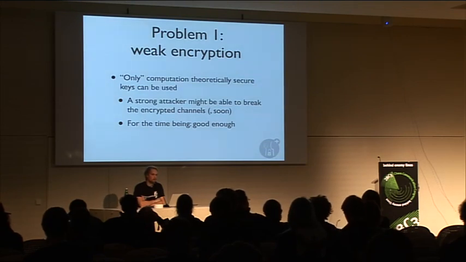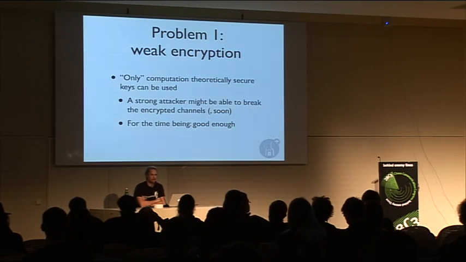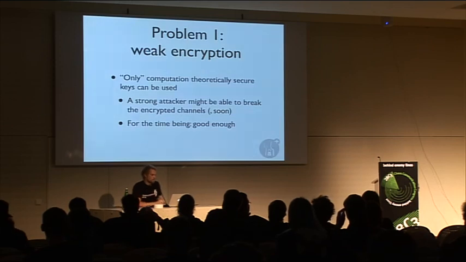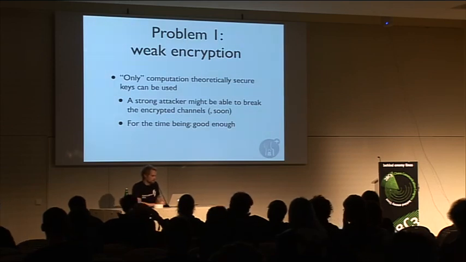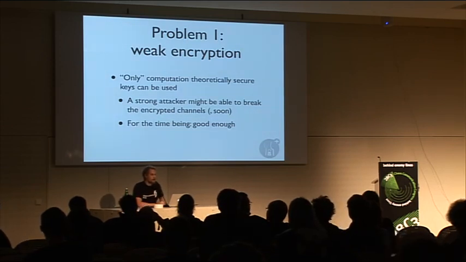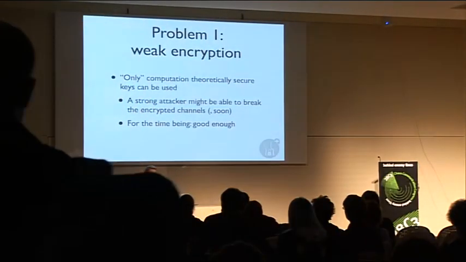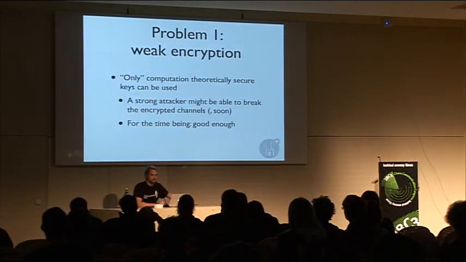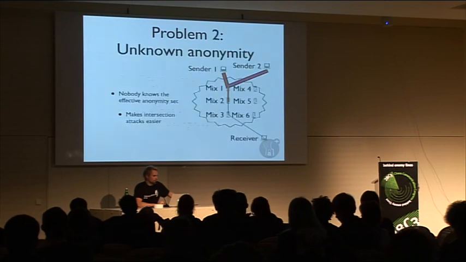This is not a current problem, but if we keep using stronger and stronger computers, this might become a problem very soon. But for the time being, it's good enough. And to be honest, I'm also using computationally secure keys only. It's just that DC offers the possibility to have better keys.